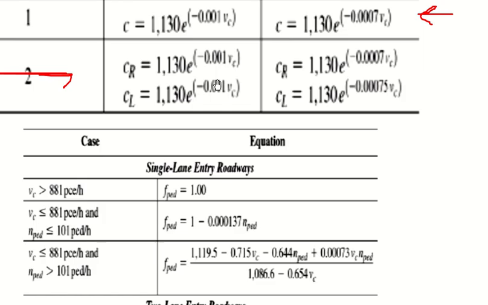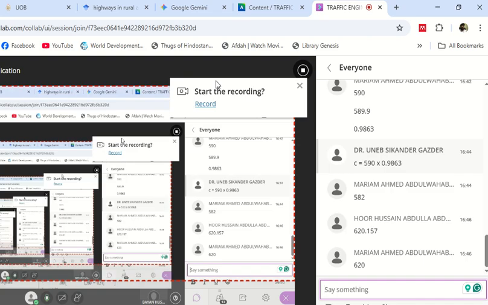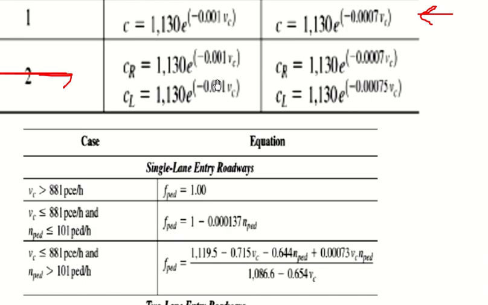It's the same equation. So VC is 600. Okay, 620. Good enough. Almost 620.